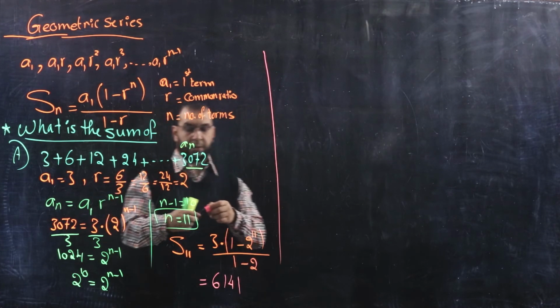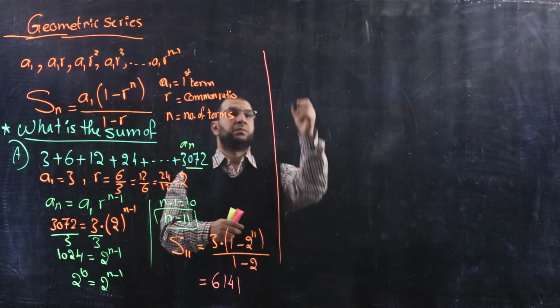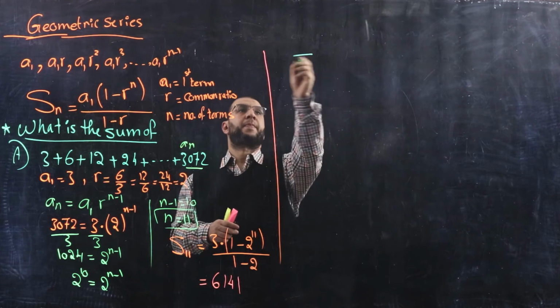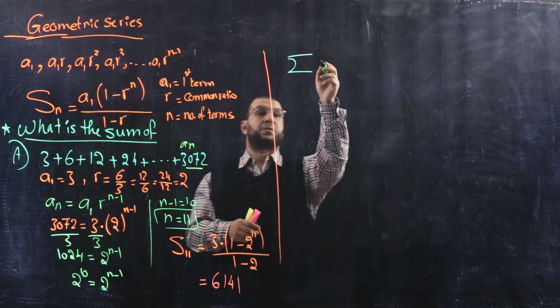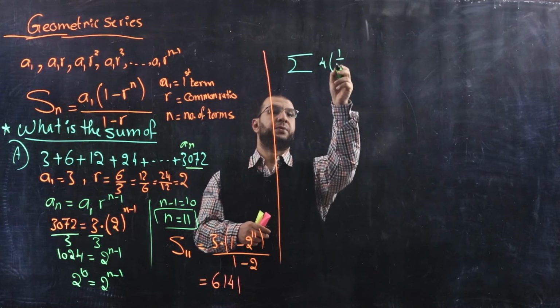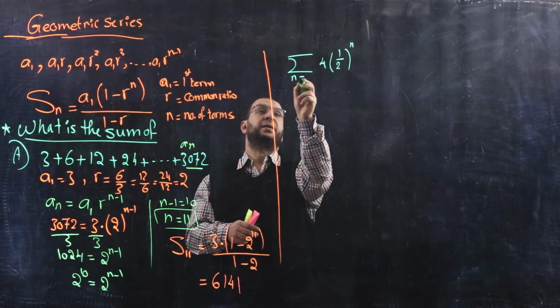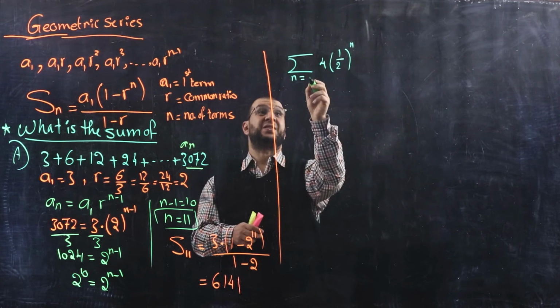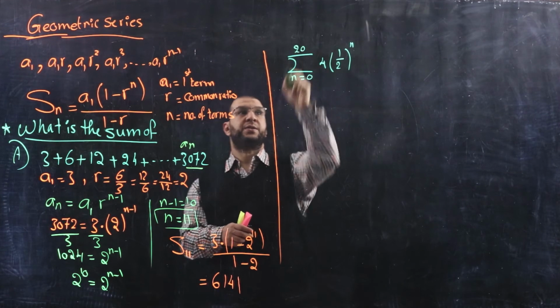Let's take another example. I need the summation of the sequence 4 times half to exponent n, when n, the lower limit, equals 0 and the upper limit is 20.